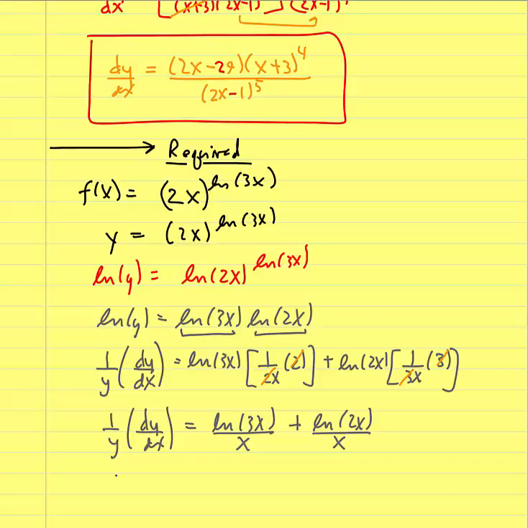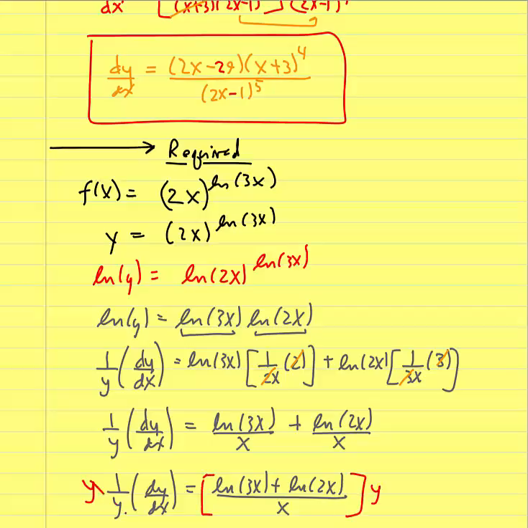I have a common denominator, so I have 1 over y dy dx equals natural log of 3x plus the natural log of 2x all over x. Now we're going to go ahead and multiply through by y so we can get our final solution. On the left hand side, the y's cancel.